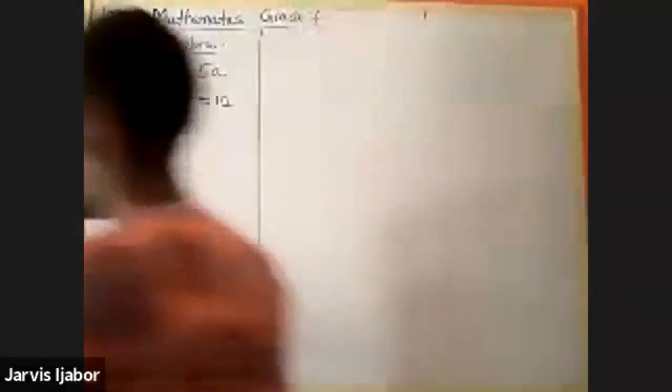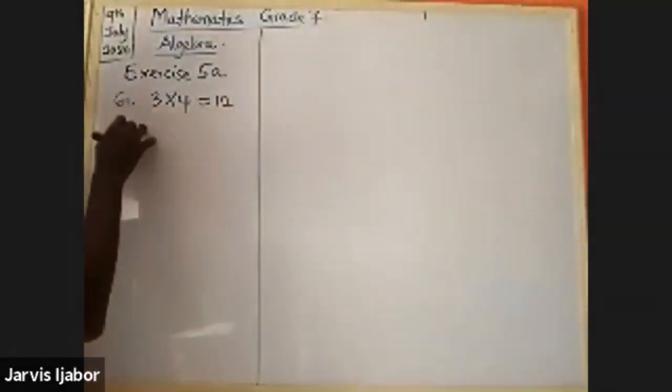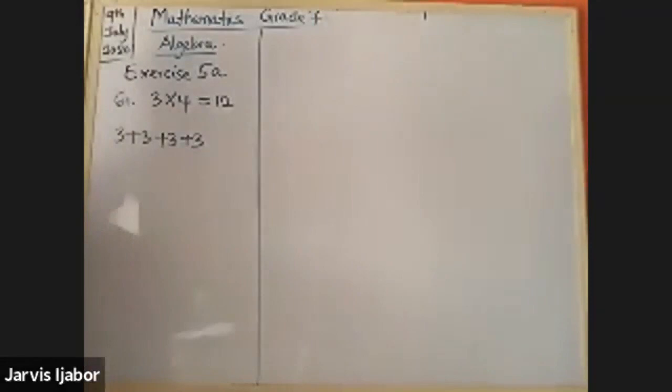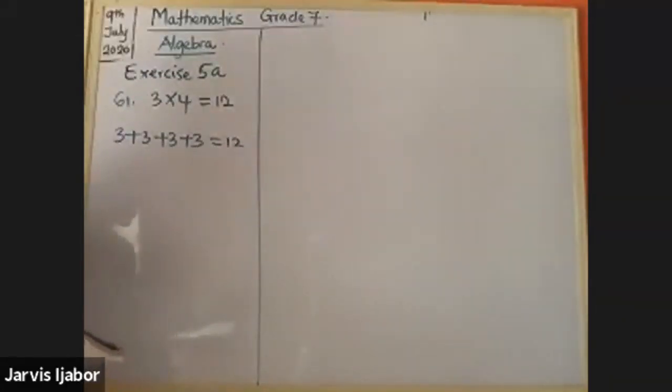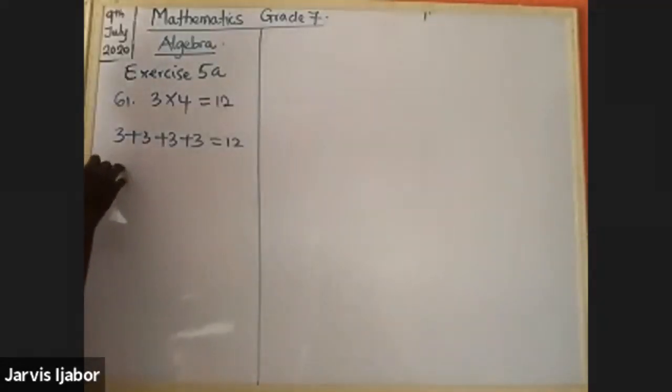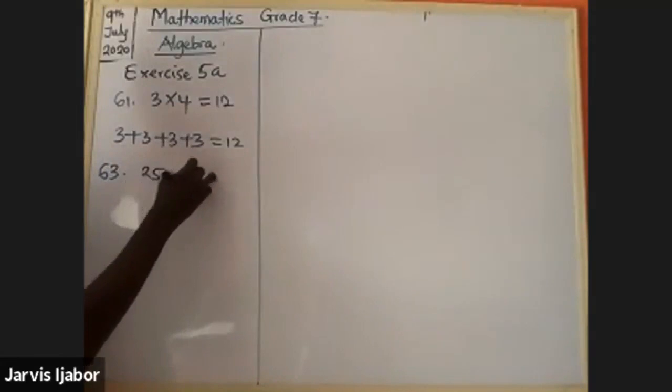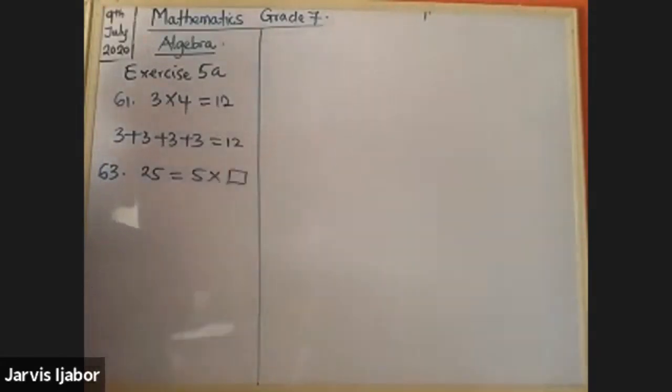Or 3 times 4 would mean 3 plus 3 plus 3 plus 3, 3 added 4 times. And when you do that, that will give you 12. Okay? Now, same thing with 62.